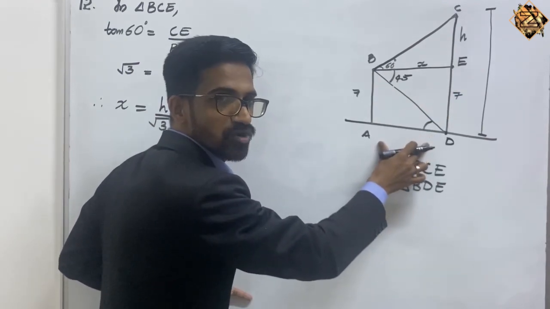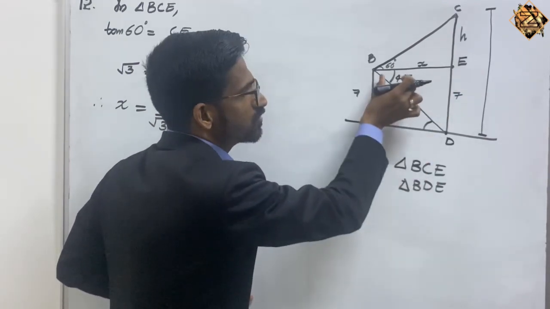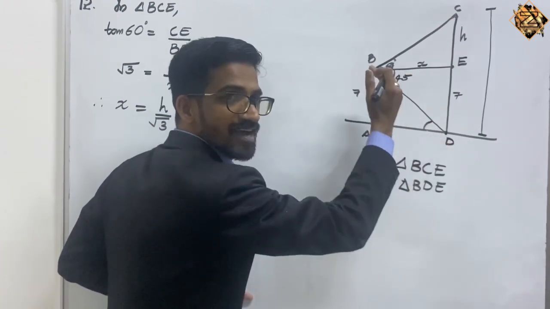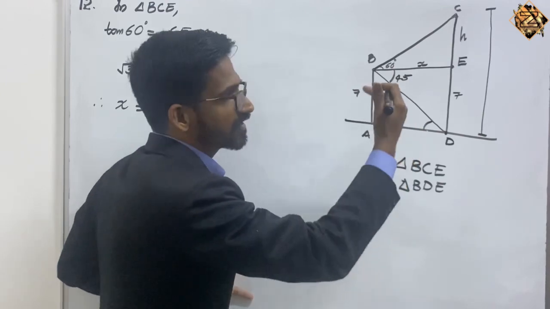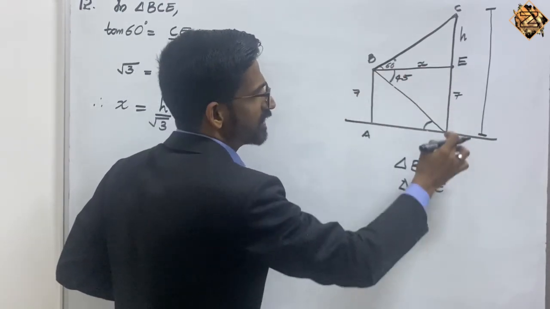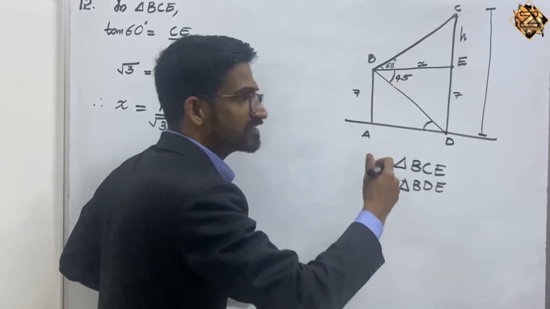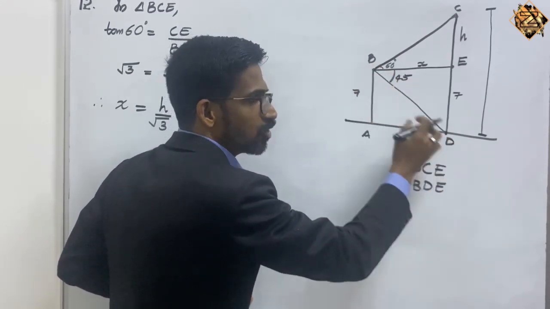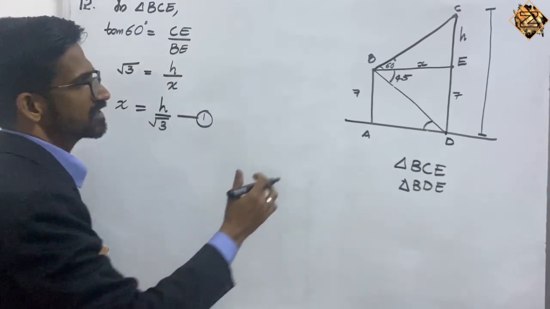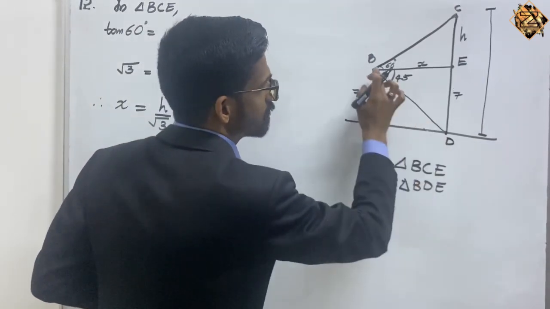The horizontal side will always be parallel to the earth's surface. So this angle we get here will be the same over here, since alternate angles are equal if the lines are parallel. We can consider triangle BAD also, the answer will be the same. Here we are considering triangle BED.